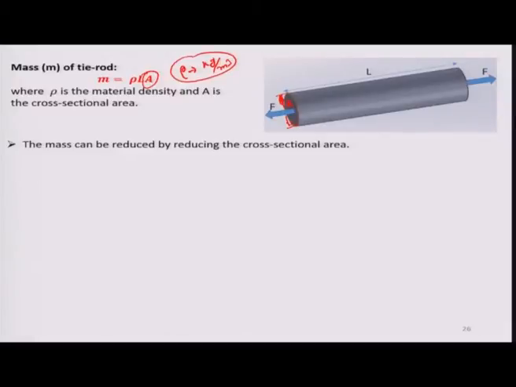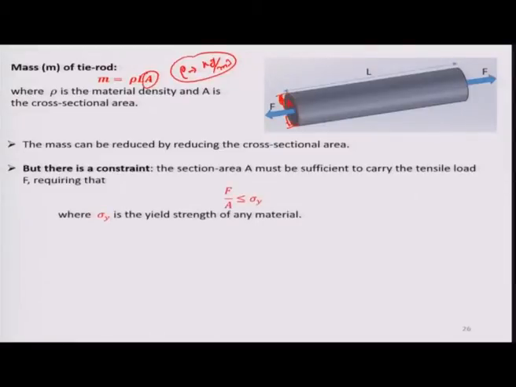If you reduce the cross sectional area, then the mass of the tie rod will get reduced, but there is a constraint.